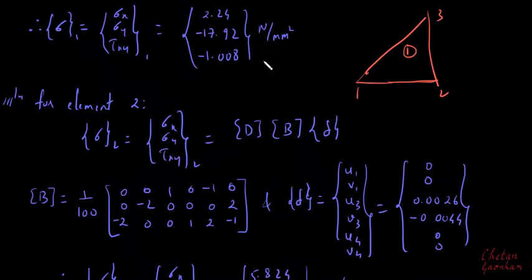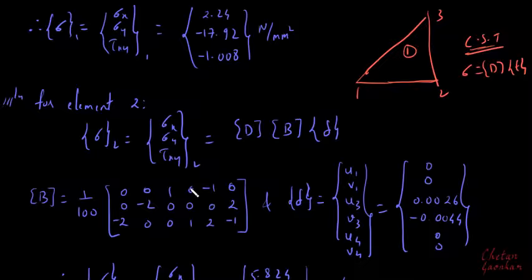These will be my stresses. Since this is a CST element, a constant strain triangle element, the strain remains constant in this element, and stress is nothing but this D matrix, which is again constant, times the strain, so these stresses will also remain constant in this element. So the stress in element 1 will be this many megapascals.